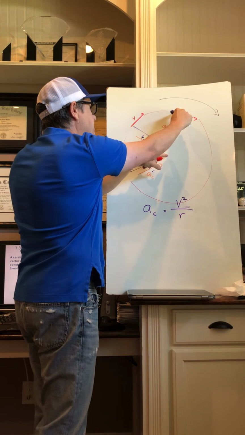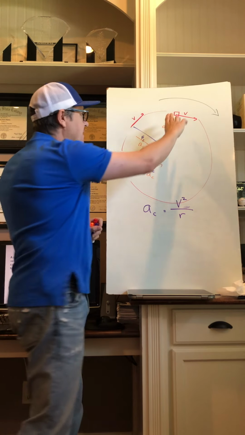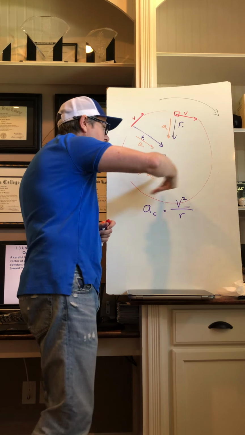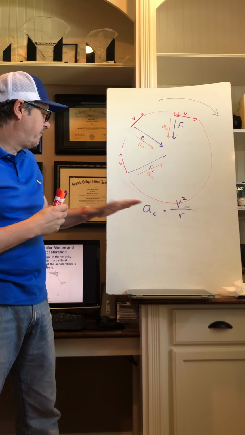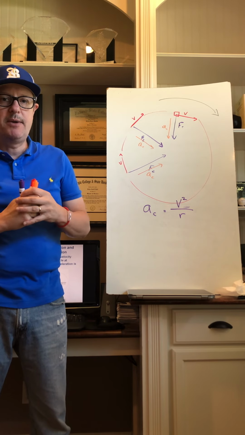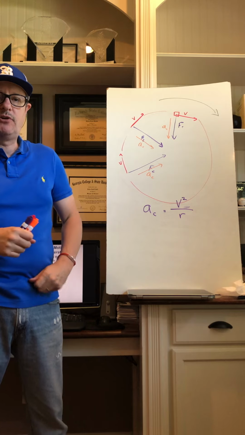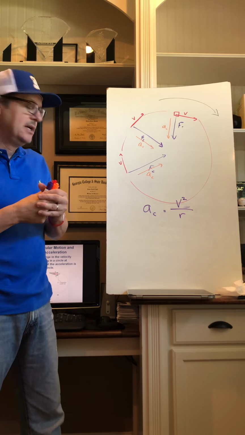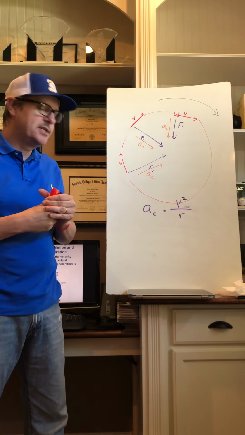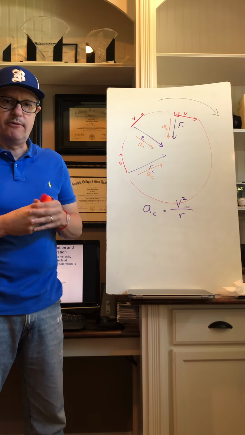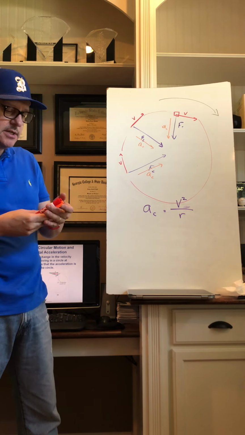Whatever that distance is from the center, that's the radius of this entire path. So that's the formula for the centripetal acceleration. There may be a problem at the very end of the first handout over circular motion that you have to do. I think one of the multiple choice questions asks you what is the formula for centripetal acceleration. Well, there it is.